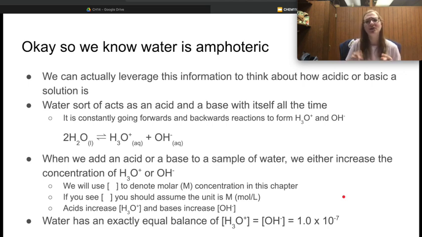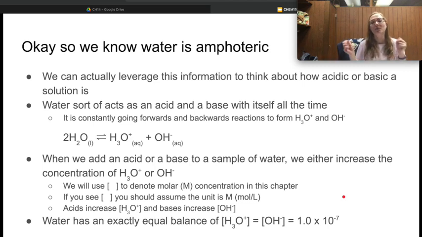So, we know water is amphoteric. Remember, amphoteric means it can act as an acid or act as a base. So we can actually leverage this information to think about how acidic or basic a solution is. So water acts as an acid and a base with itself all the time. I think this is one of the coolest things I learned. So water is constantly going back and forth through reactions where it's H2O, or it reacts with itself to become H3O+ and OH-.